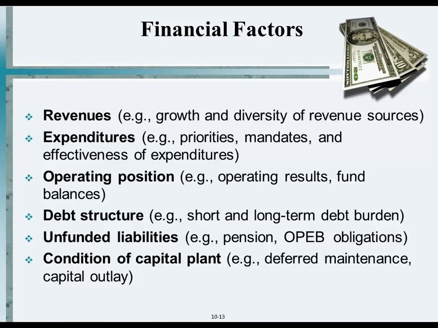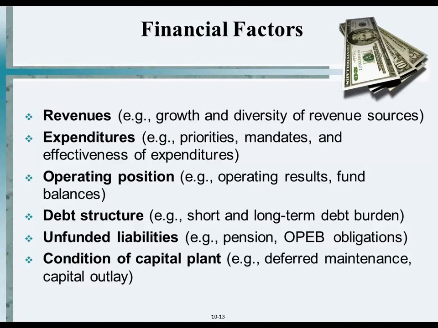Operating position, your fund balances. Would you like to have zero fund balance on your balance sheet? What's the fund balance used for, by the way? Well, it's like a rainy day fund, right? For short-term cash needs. So the debate always has been, how much fund balance should I have? What percentage of my total operating cost for the year should be the fund balance?